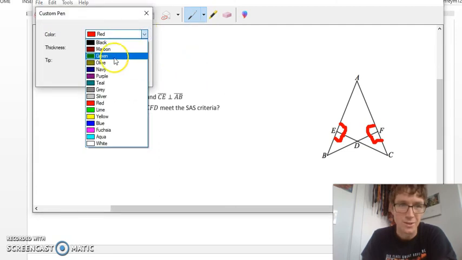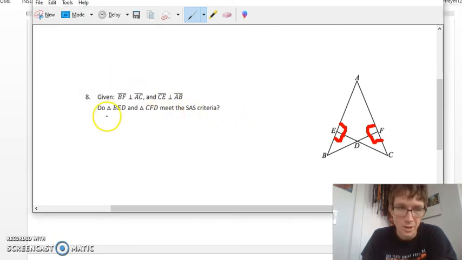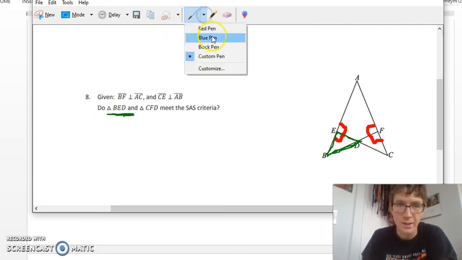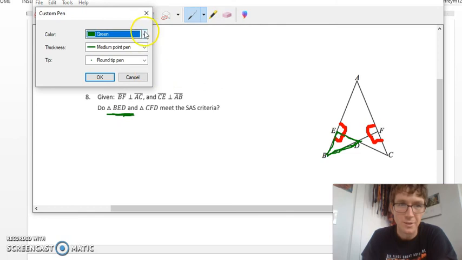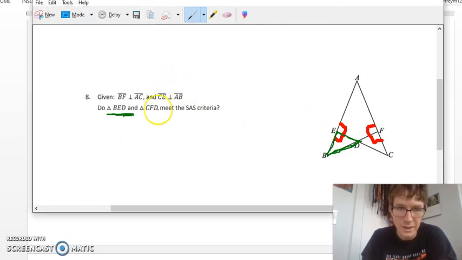Let me switch colors a little bit. Green, and this is too thick. There we go. So BED, that is BED, so that's right here. So what I'm highlighting here in green, does this triangle BED, is that congruent to, let's pick another color, to CFD.